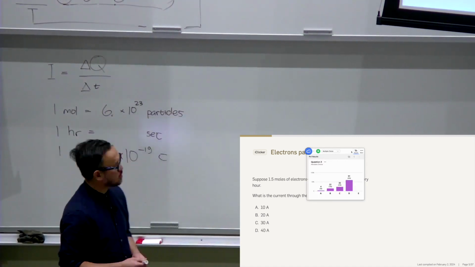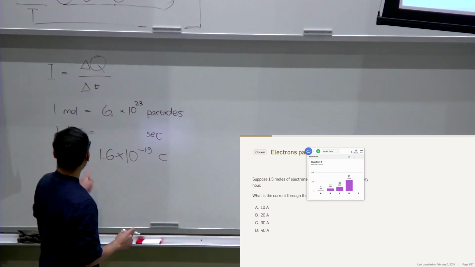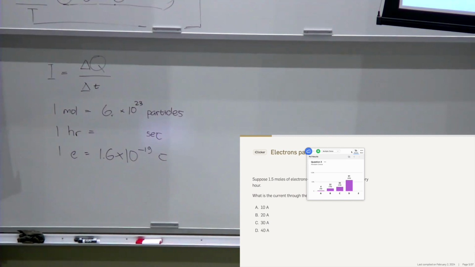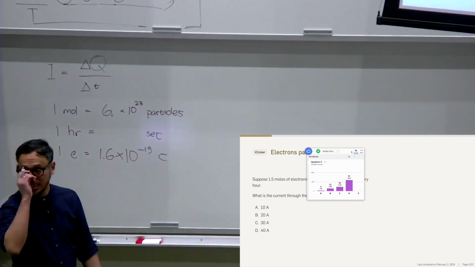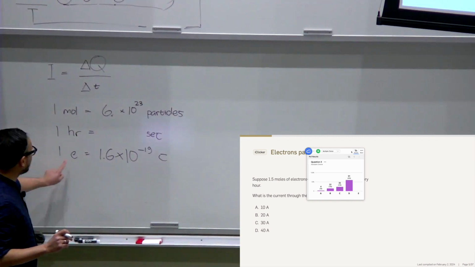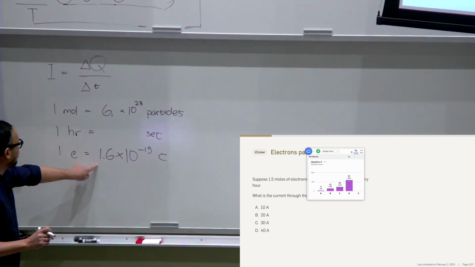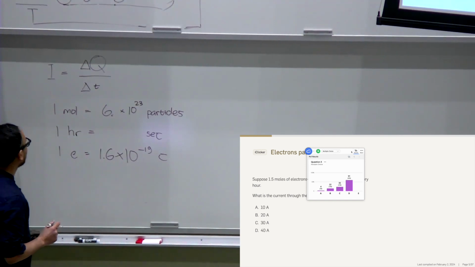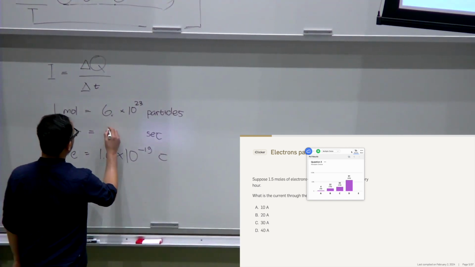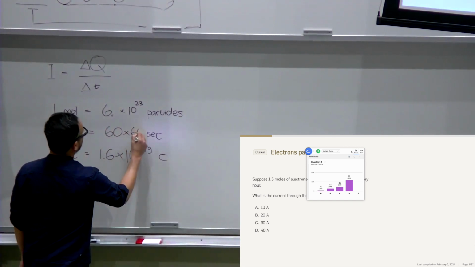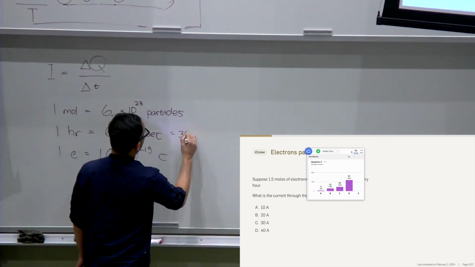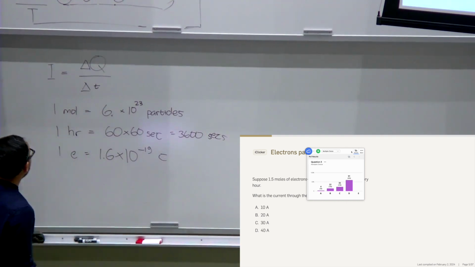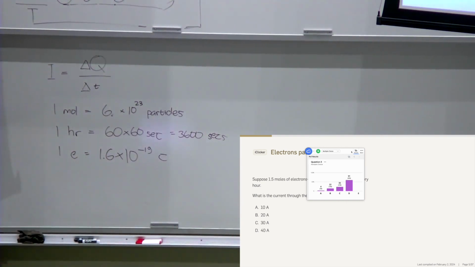I think that's right. First, these are the types of units that you need to know. Some of them are given on the cheat sheet, like one electron has 1.6 times 10 to the minus 19 coulomb. But you should know 1 hour is basically 3,600 seconds. And then cosine, sine, theta.